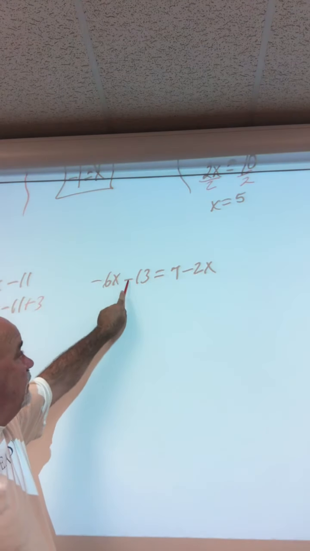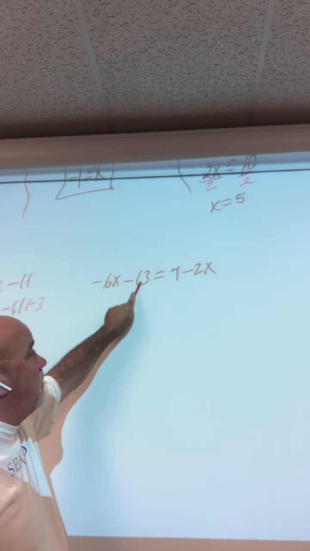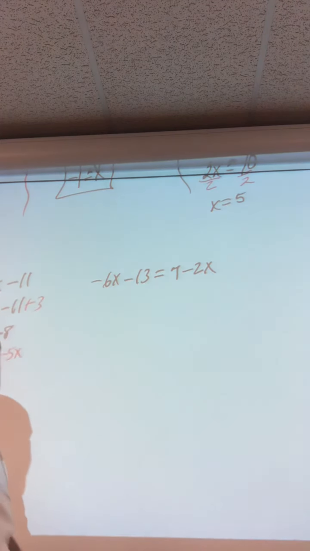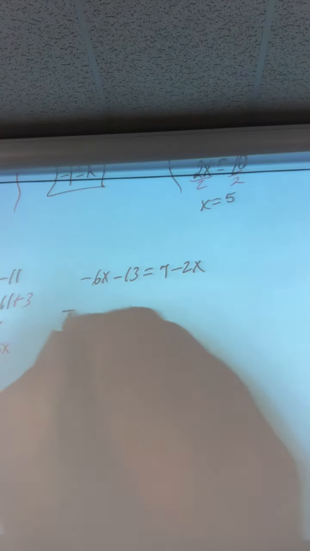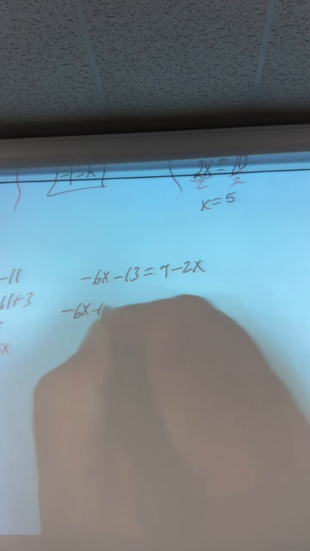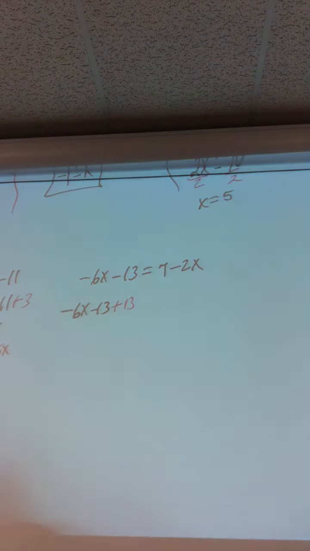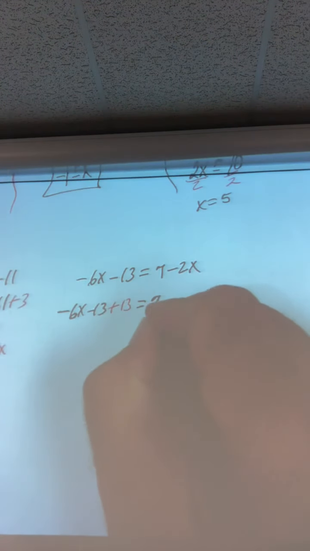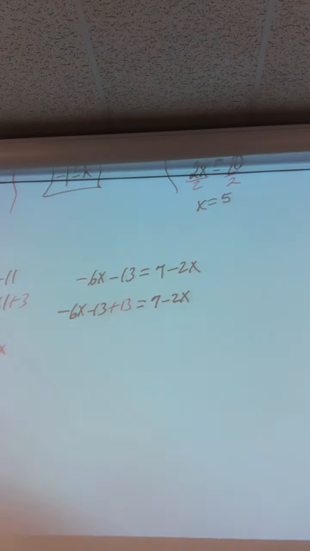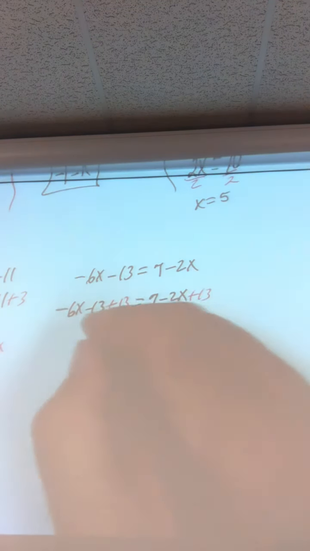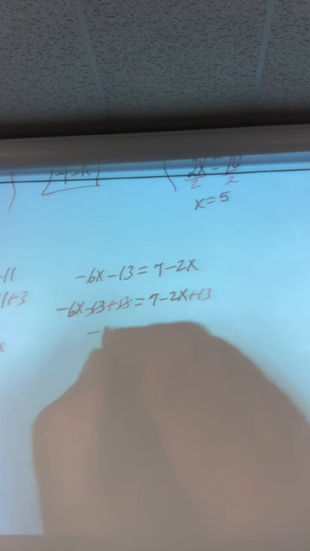All right, so what I'm going to do first is get this number term off of this side. This is a minus 13. To get rid of that minus 13, I'm going to add 13 to both sides. So I'll plus 13, and then 7 minus 2x plus 13. When I do, the 13's add out.